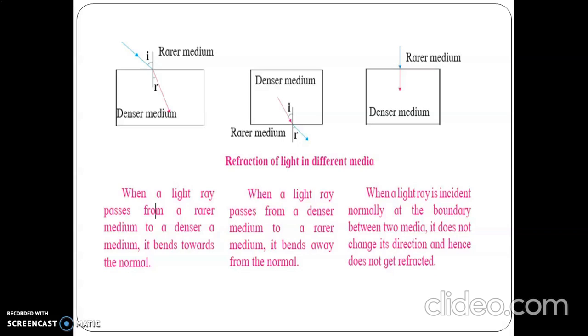We also studied what is called the refractive index, that is the extent to which the light ray bends in a refractive medium. Then we also studied the formula by which we can calculate the refractive index, and we studied the refraction of light in different media. So I hope this is clear to everyone.